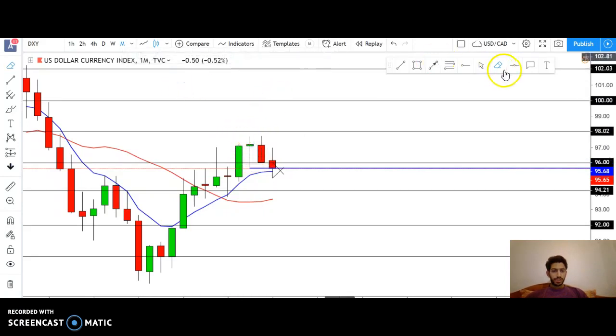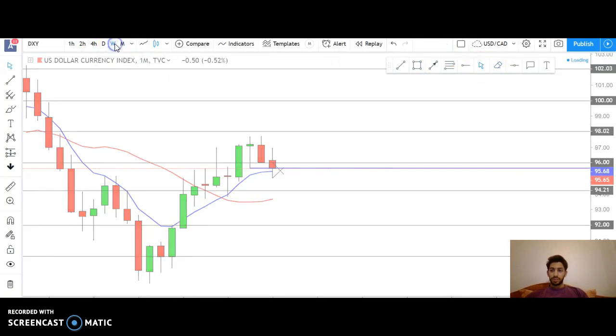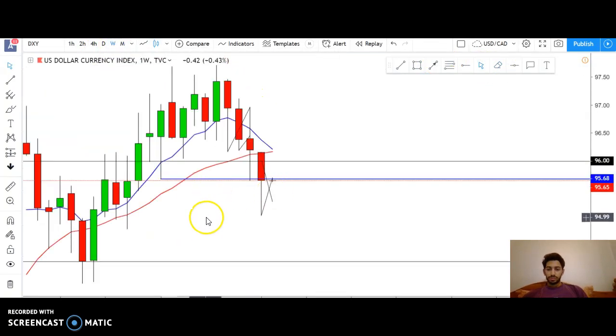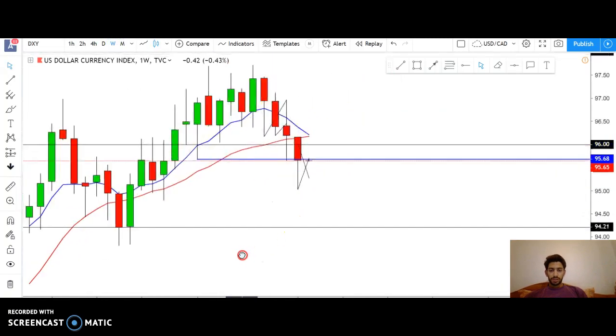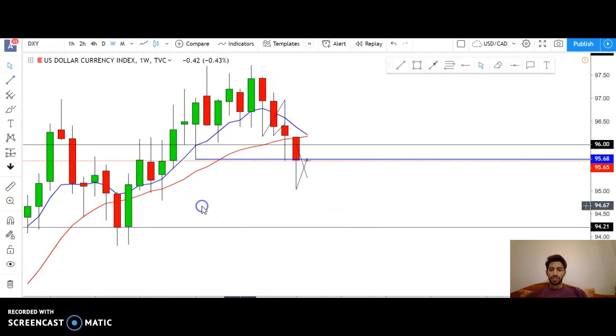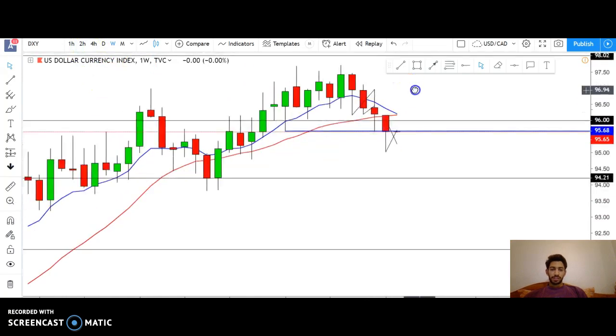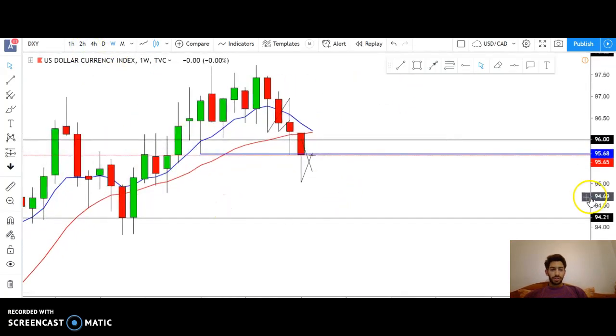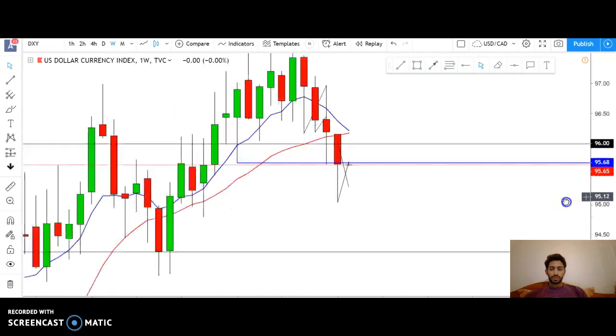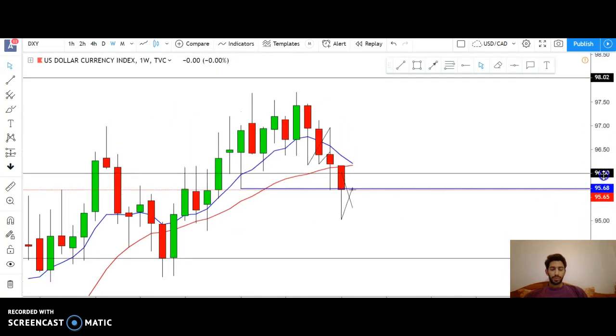If we carry on into the weekly, which is more important I think first, because we're doing top-down analysis, that means we're going from the monthly to the weekly, daily, 4 hour, 2 hour, etc. I tend to like to stick to doing this because it shows the bigger picture of the market.